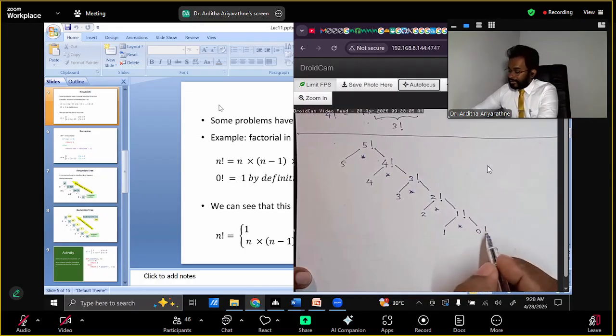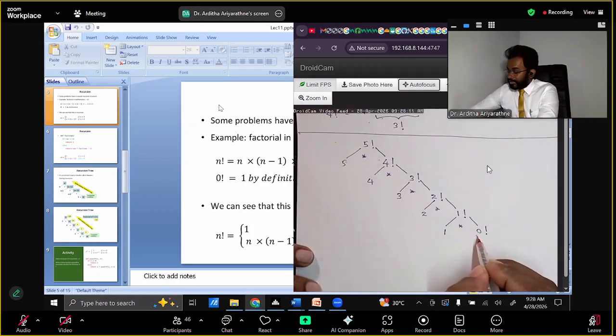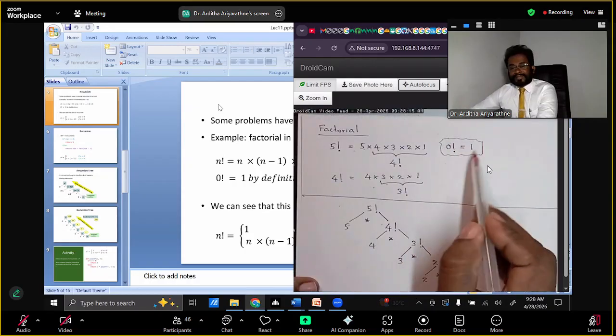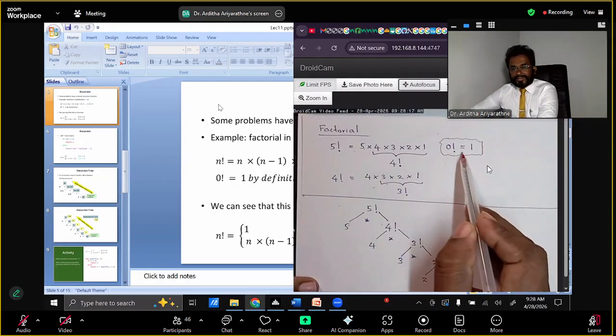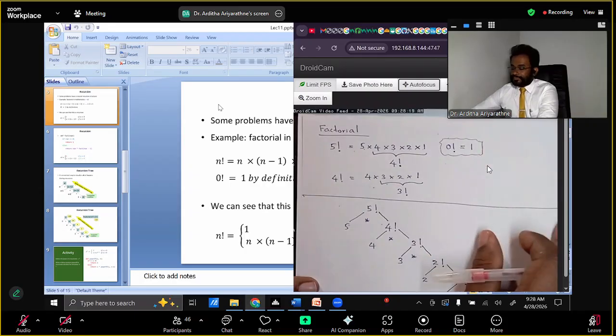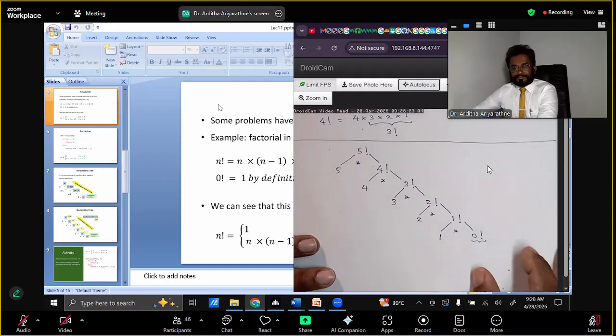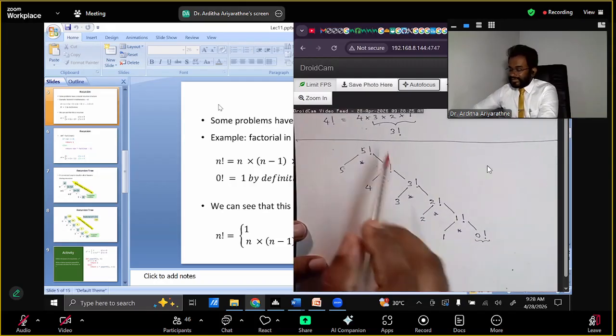Factorial 0, we already know this is the basic level. Factorial 0 means 1. This is the recursion part.